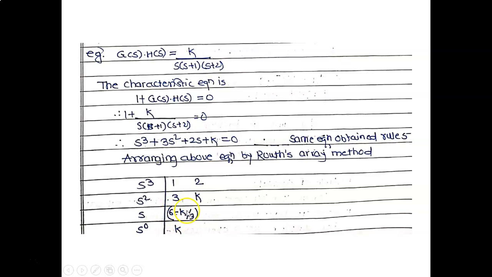Now how to obtain this? Multiply 3 into 2, that is 6, minus k into 1, k, divided by 3. Therefore (6 minus k) divided by 3, and again at s raised to 0, k is there. Here below 3 you have to write (6 minus k) divided by 3, and below k this 0 will be there. And for s raised to 0, same you have to apply.